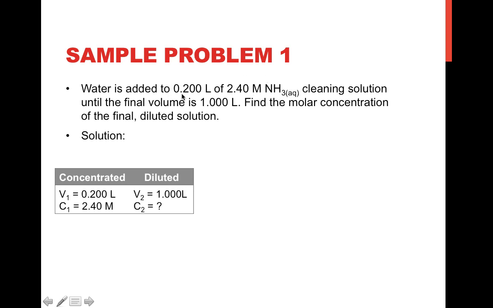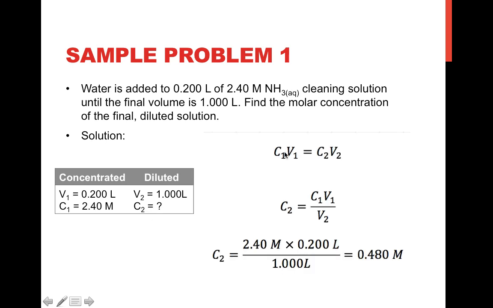That has to be your initial concentrated solution. So V1 is 0.2 liters, and C1 is 2.4 molar. We're told the final volume is 1 liter, so V2 is 1.00 liter, and we're asked to solve for the final concentration, so that is C2.